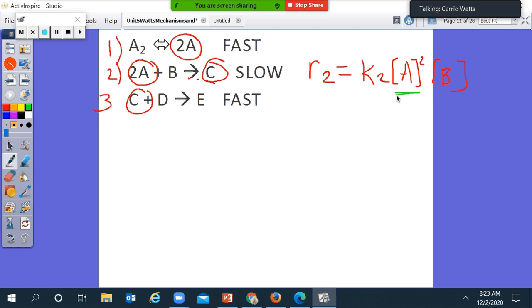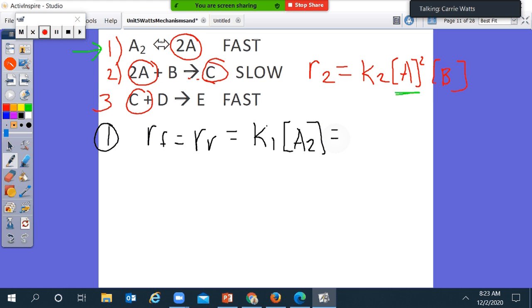But what we learned yesterday is if we have an equilibrium equation that's fast, we know that for equation 1, the rate of the forward reaction equals the rate of the reverse. So for the rate of the forward, the rate would equal K1 times A2.